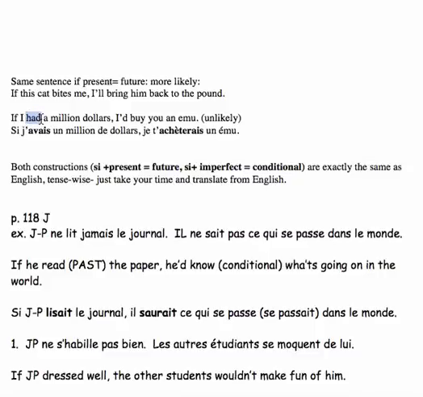If I had, so there's our past tense, $1 million, I would buy you an emu. So be careful. Had has to be the imperfect. Don't put the passé composé. Si j'avais, je t'achèterais. So there's our conditional. We've got the whole infinitive for our base. We've got our ER and then our conditional ending, which is the same as our imperfect ending.